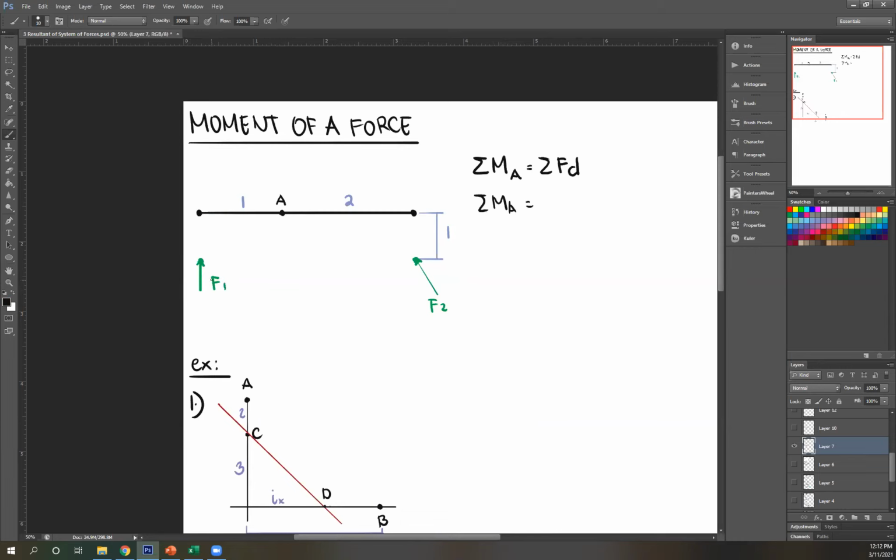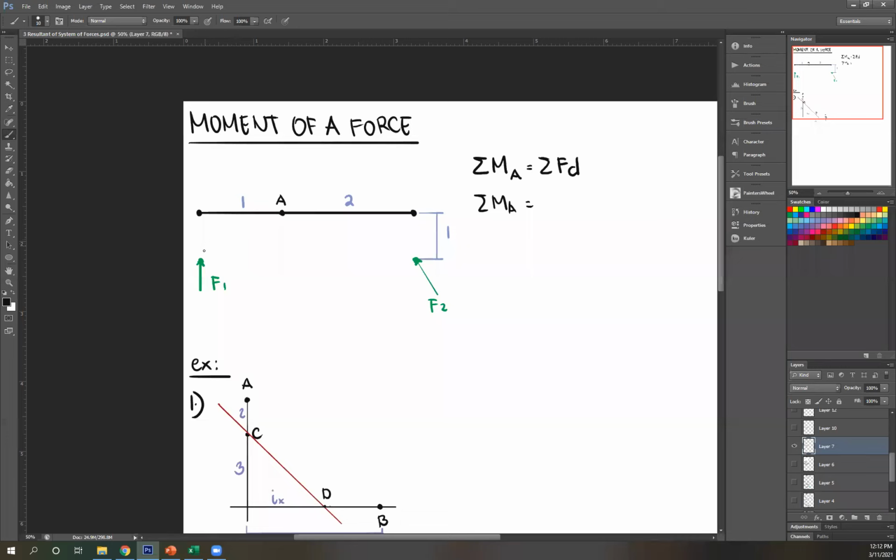Let's start with F1. Looking at F1, if I extend its line of action, I can directly see the perpendicular distance from A, which is 1. Then use your sign convention, clockwise positive, counterclockwise negative. How do I know that? Rotate your force about your chosen point and choose the shortest path.